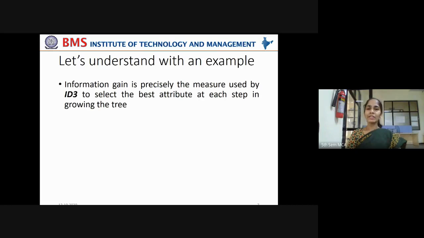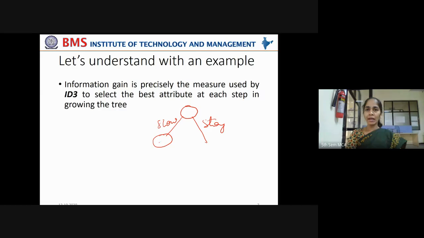Okay, so information gain is precisely the measure used by ID3 to select the best attribute at each step in growing the tree. Now say wind has more information gain, that is taken as the root node. Now weak and strong branches will come here. Now calculate the information gain for the remaining attributes, do not include wind.